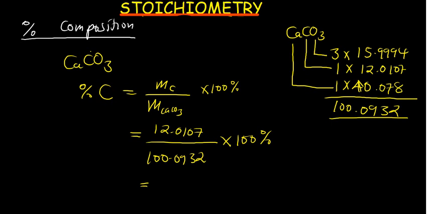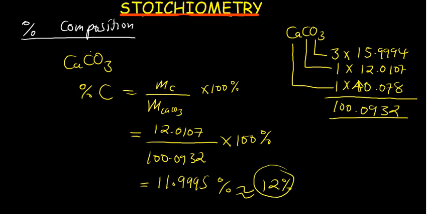That is approximately 12%. So this is the percentage of carbon in this compound. If you want to calculate the percentage of oxygen, just get the molar mass for oxygen. Remember, there are 3 oxygens in this compound, so you are going to get this value, and then you divide by this one, and then multiply by 100. So that is how you get the percentage.